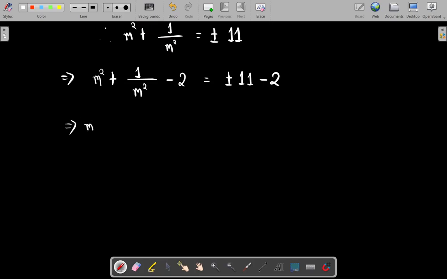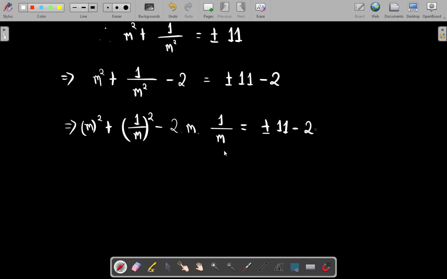This is equal to m whole square plus 1 upon m whole square, and these two can be written as 2 times m times 1 upon m, and this is plus minus 11 minus 2. So the left hand side becomes a whole square, m minus 1 upon m whole square, equal to plus minus 11 minus 2.